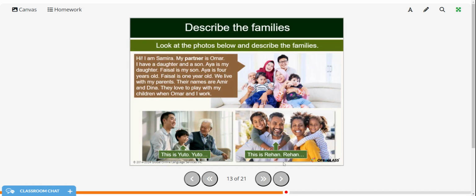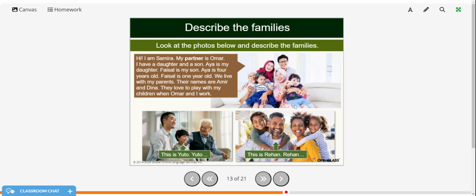Okay, now we want to describe the families by looking at the pictures below. The first one is done as an example. So we pick one of the people and tell the story from their point of view. So she says, hi, I am Samira. My partner is Omar. I have a daughter and a son. Aya is my daughter.